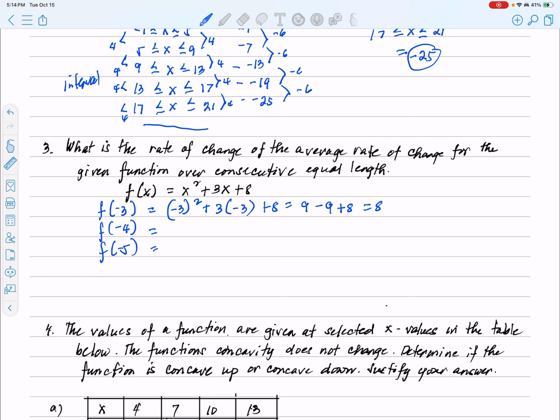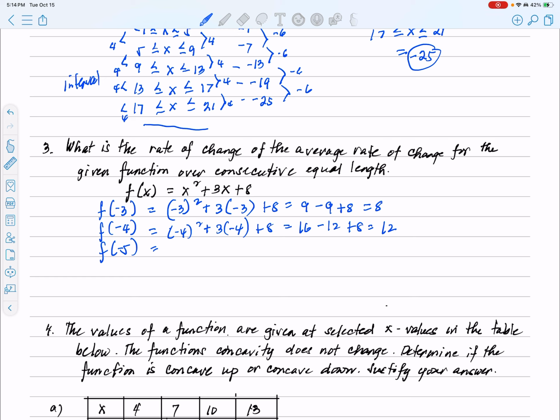Right? I'll have -4 squared plus 3 times -4 plus 8. -4 squared, that's 16. 3 times -4, that's -12, plus 8. 16 minus 12, that's 4, plus 8, that's 12.